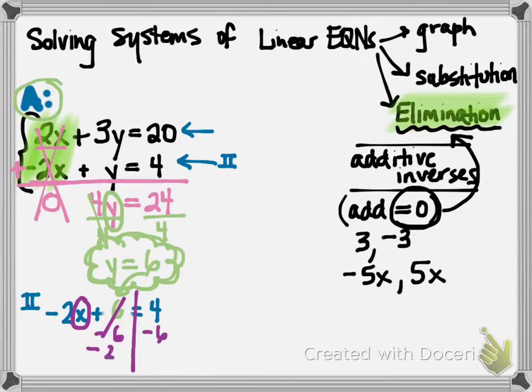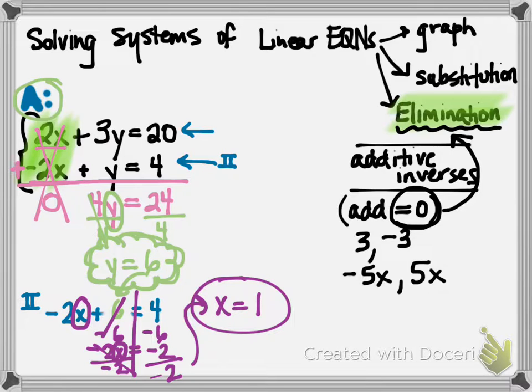Now I have negative 2x equals negative 2. Now, to get rid of this negative 2 in front of the x, I divide both sides by negative 2 again. And negative 2 divided by negative 2 turns out is 1.